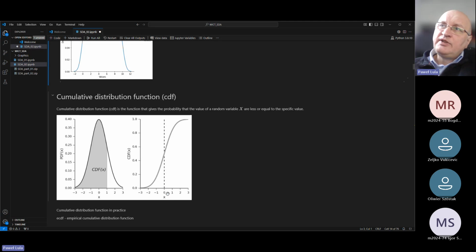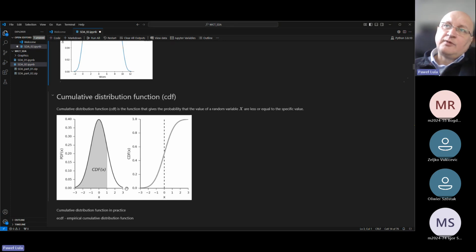What is the probability that the value of our random variable is smaller or equal to 0? It is 0.5.